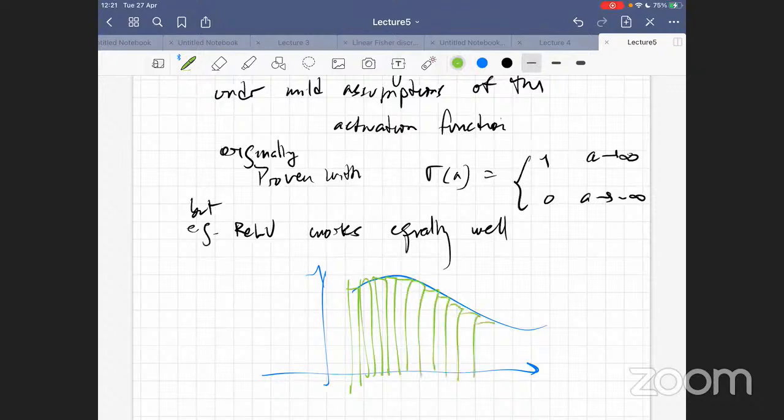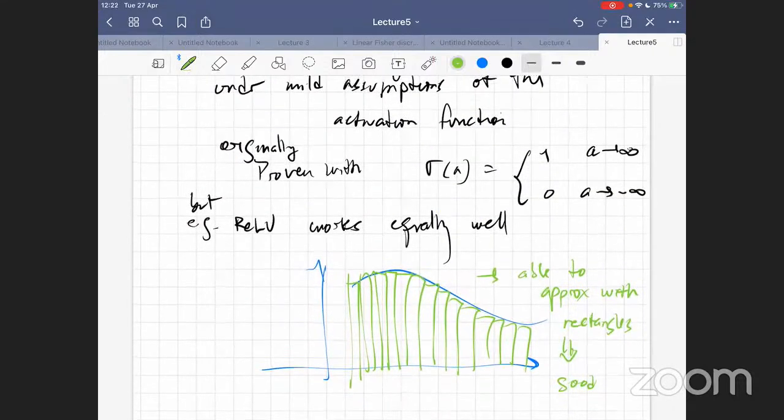So if you are able to approximate the function with, let's say, geometrical figures, something similar to rectangles, then you are good to go.